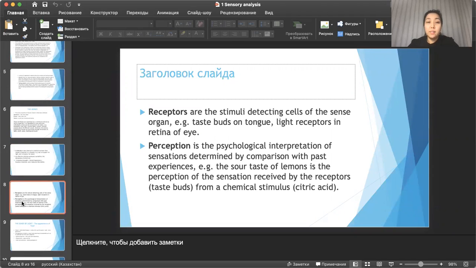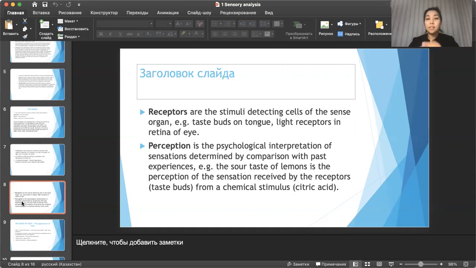Receptors are the stimulus-detecting cells of the sense organ. For example, taste buds are located in our tongue. The light receptors are in the retina of the eye.